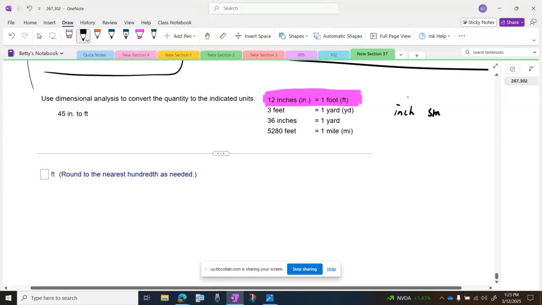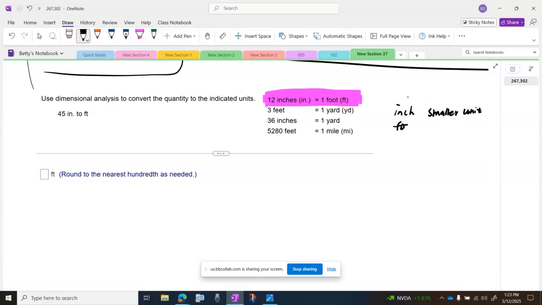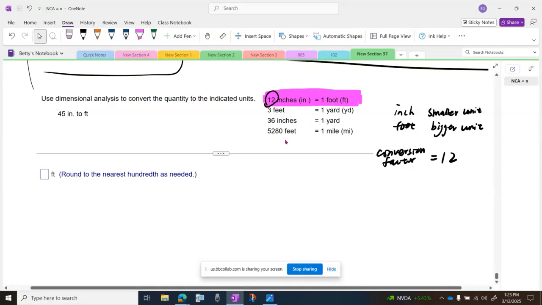Inch is a smaller unit, foot is a bigger unit, and 12 is the conversion factor between the two units. Twelve inches make a foot.